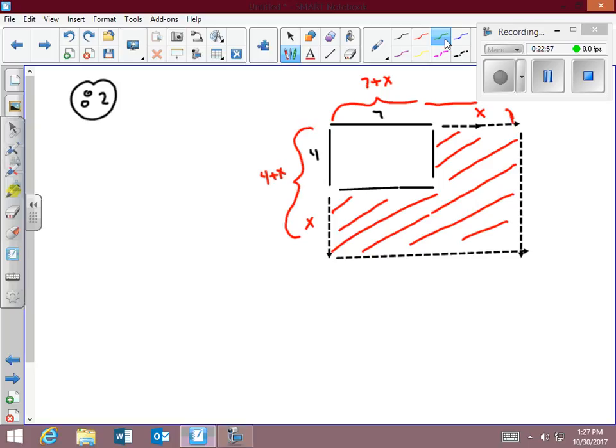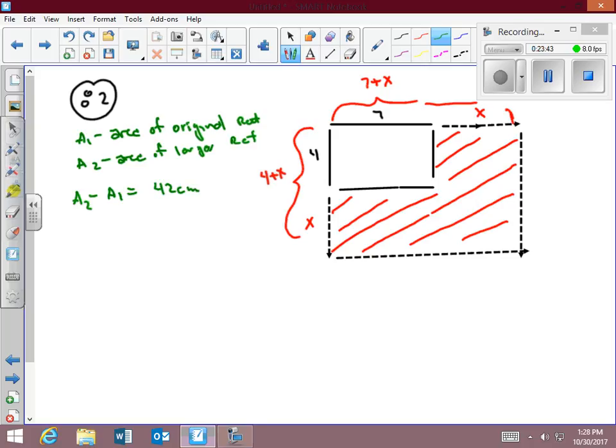If you called the small rectangle A1, area of the original rectangle, and A2 the area of the larger rectangle, then if you take A2 and subtract A1, you should get what? 42 centimeters squared. Is that right?